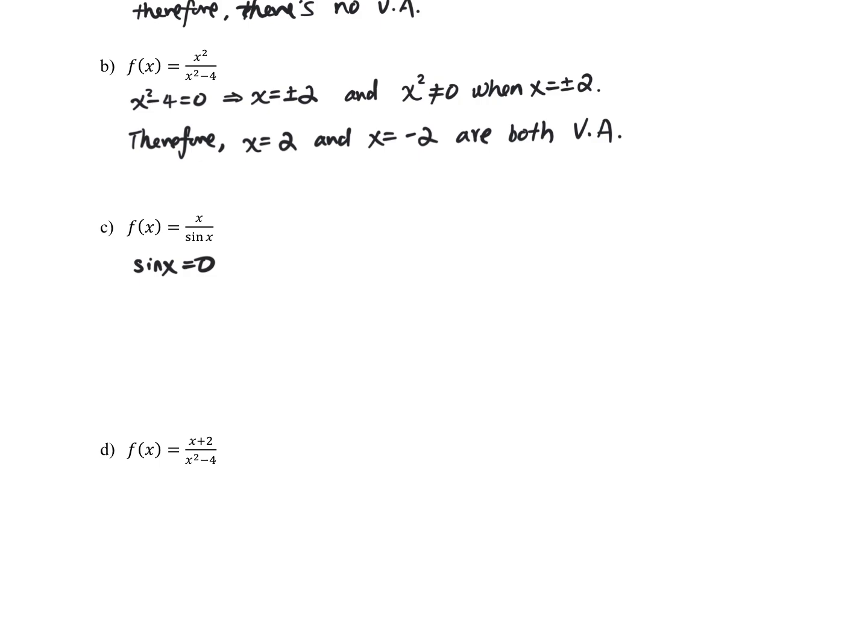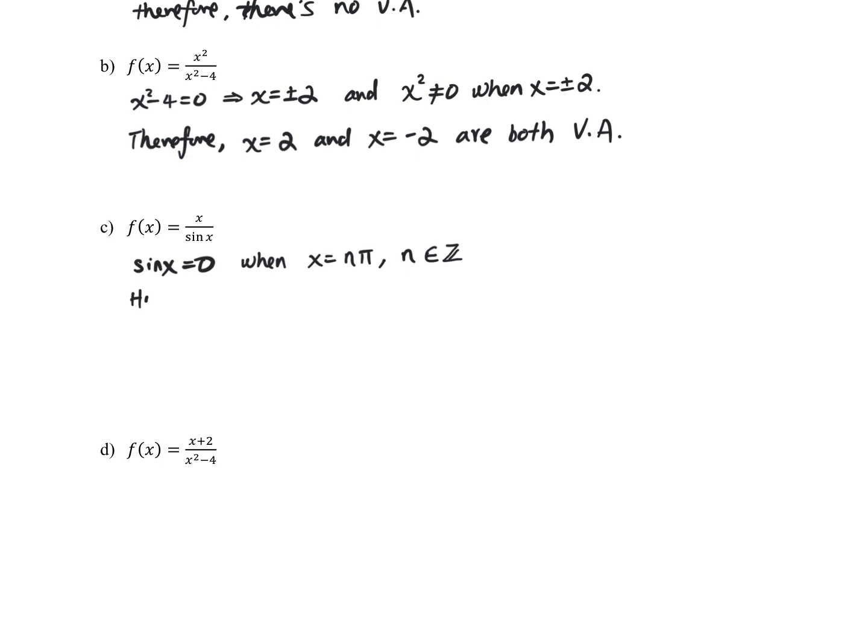So basically, it's a multiple of pi, n times pi, where n is an integer. Let me use this symbol: n belongs to Z, where Z means integers. However, we want to make sure that the numerator is not 0, right? Actually, when n is 0, that means x is 0, and the numerator is 0. So in that case, that should be excluded.